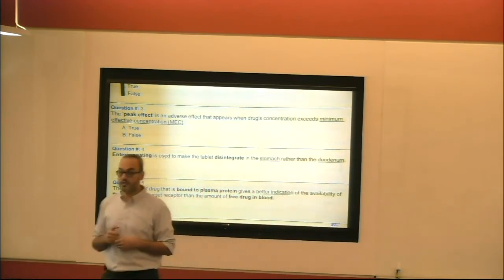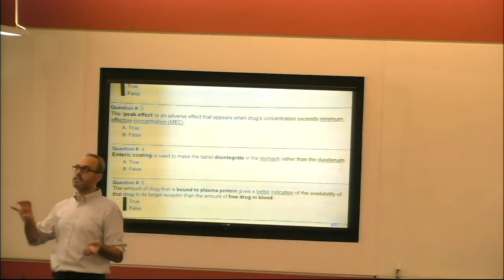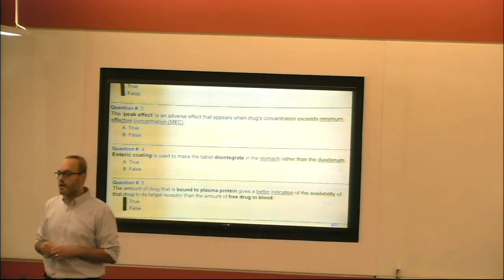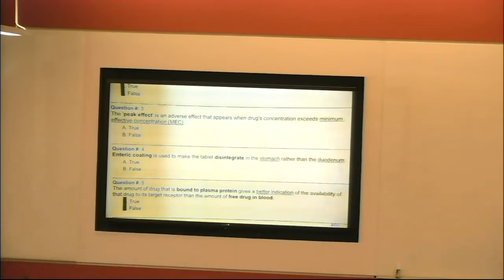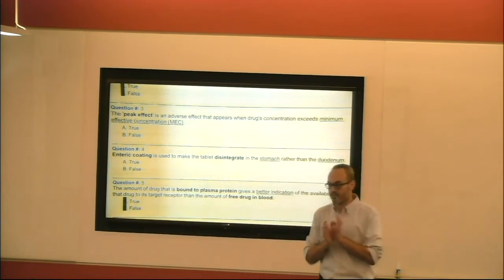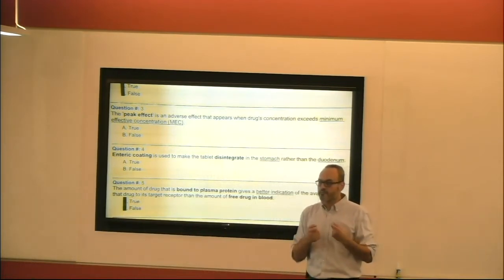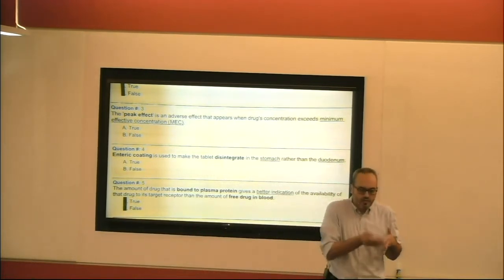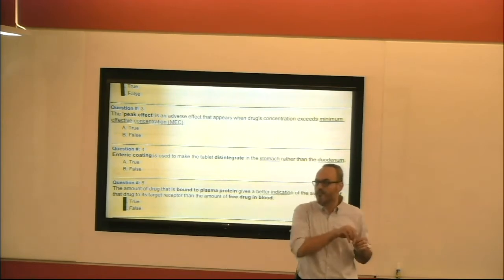Yes, some drugs can have ER and XR. That's a good one. Among the extended release, there are different ways of designing drugs. Some of them have a continuous release of the drug, but slowly.